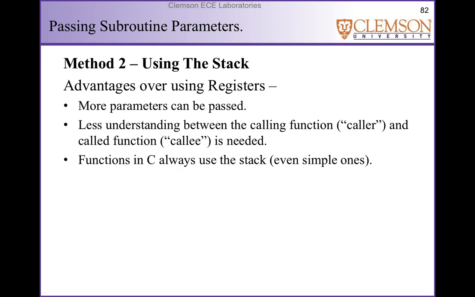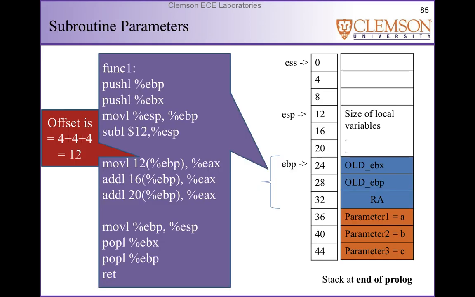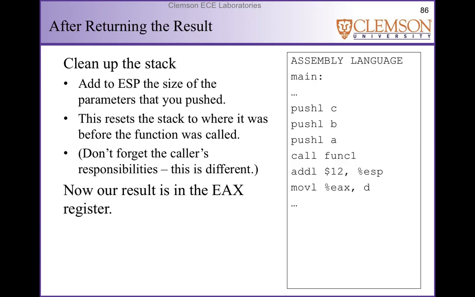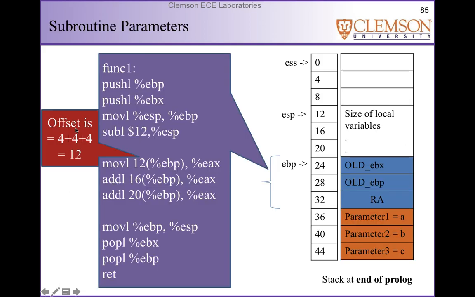So just keep that in mind. You have AT&T syntax, so it's add 12. That's why we add 12 to ESP, and then we can start doing whatever we want, assuming that we have the value stored in EAX and we haven't messed with it. We can move it to D. Right here, move it to D.